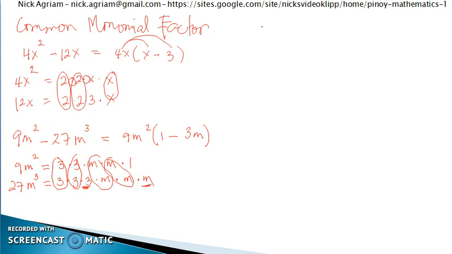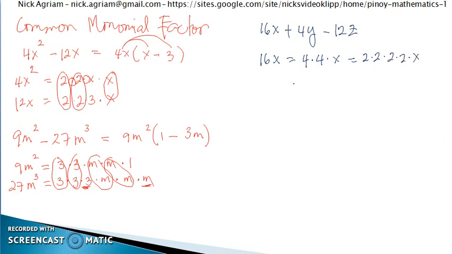Let's try some more. We have 16x plus 4y minus 12z. 16x is 4 times 4 times x. If you go to prime factorization, then it will look like 2 times 2 times 2 times 2 times x.